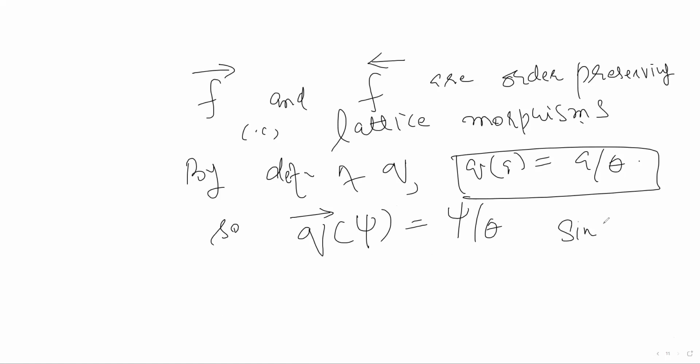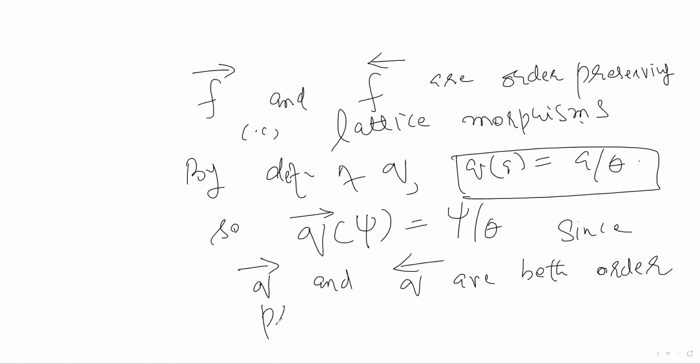Since Q forward arrow and Q backward arrow are both order preserving, we simply need to show that this Q forward arrow is a bijection.